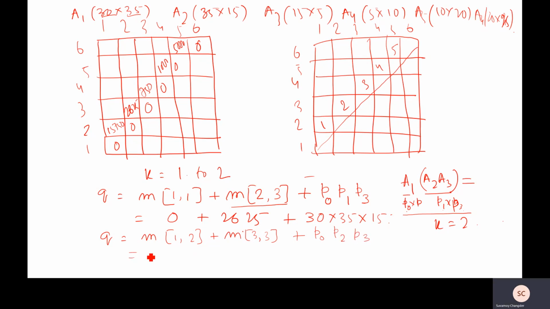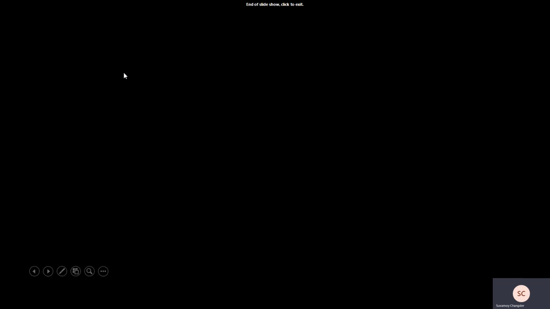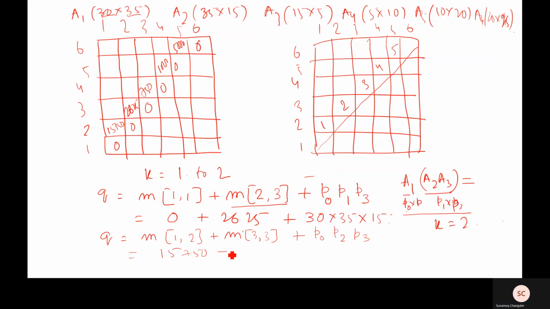What is the value of M12? You see, this value is 15750. M33 is 0, plus p0 is 30, p2 is 15, and p3 is 5.